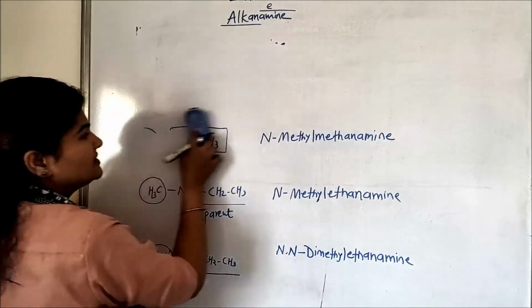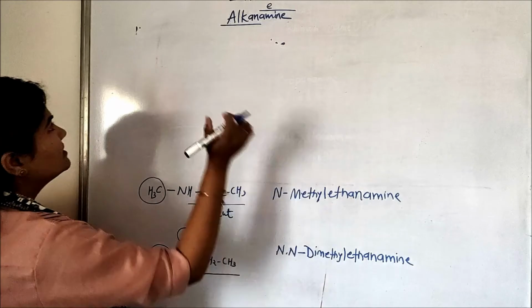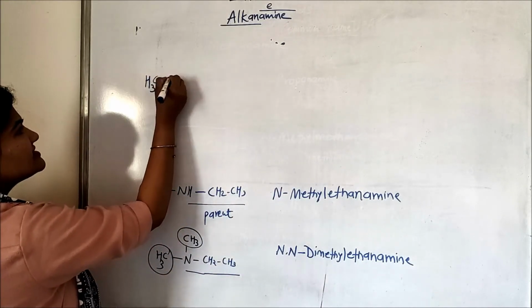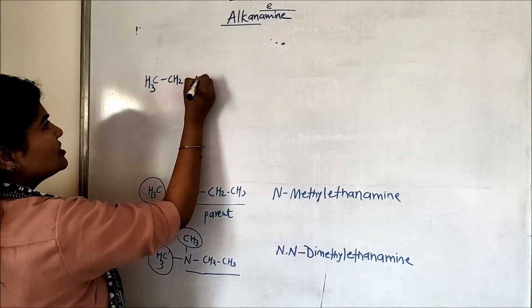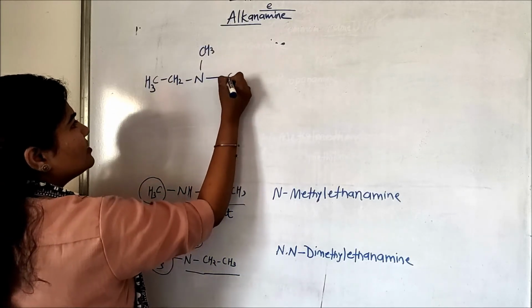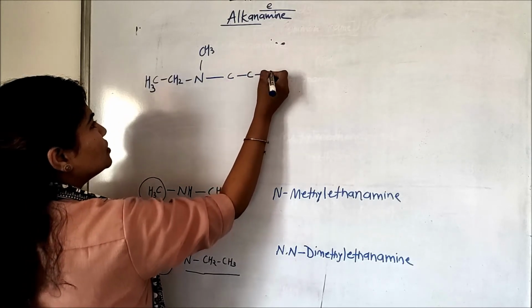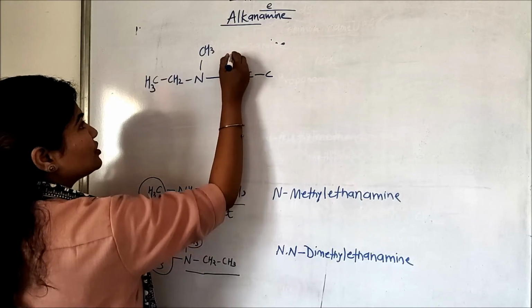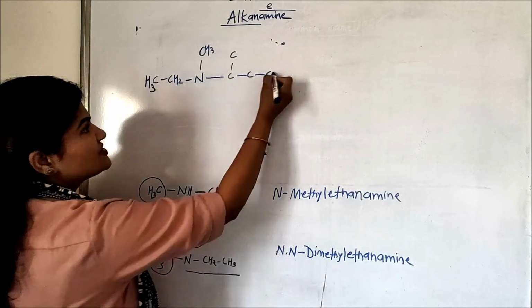See, suppose it is a bit complicated like this: CH3CH2 N CH3, and then 1 2 3, and suppose there is a substitution on this. Okay, this is how the structure is.